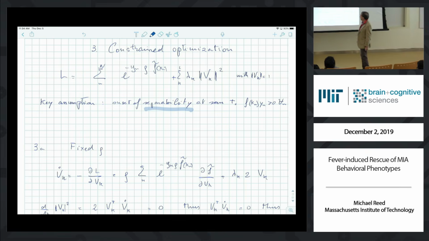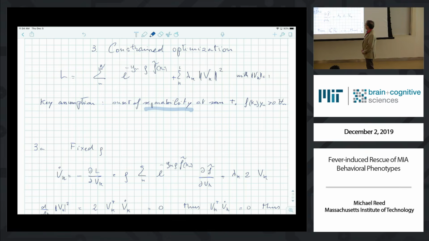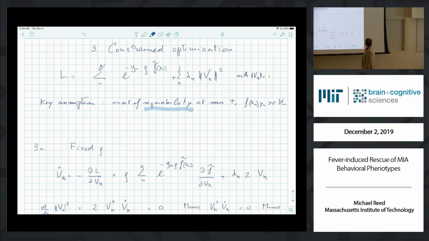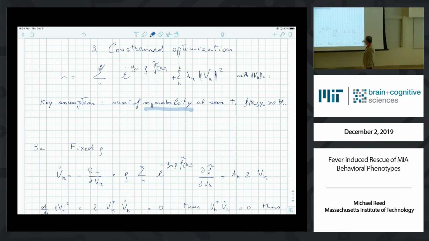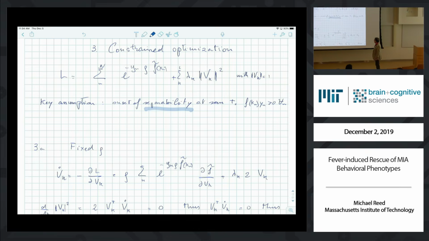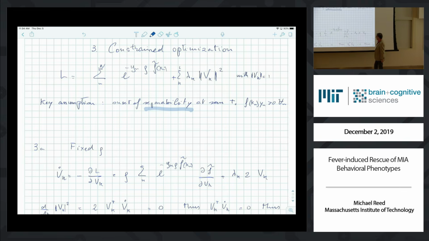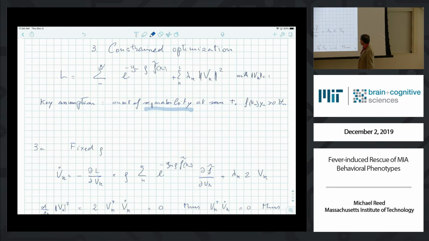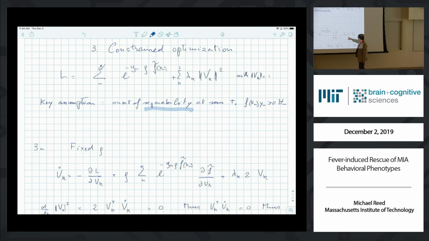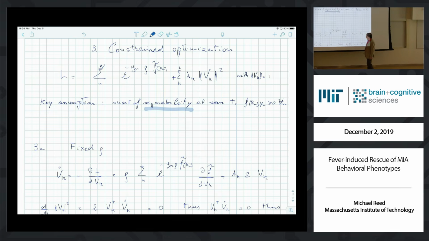If I take this Lagrange multiplier term, I want to impose that the norm of the V_k equals 1. Let's see what happens first with fixed rho. With fixed rho, I just take the derivative with respect to V_k, and I get some relatively simple equations. I have 2 lambda_k V_k.